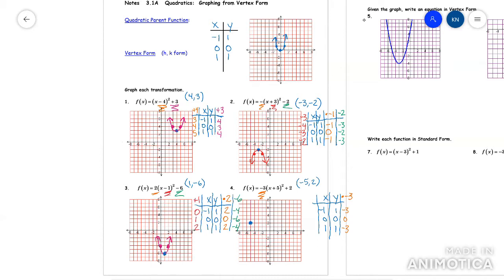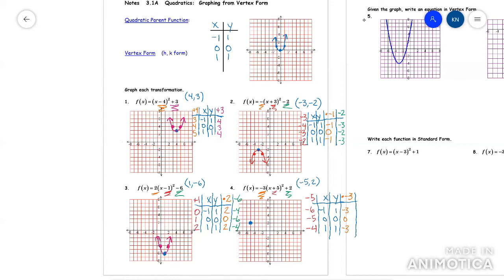The next one would be this +5. It's inside, so do the opposite, which is -5, and it's affecting my x values. That's not right. There we go. Okay, and then this last one's the +2.